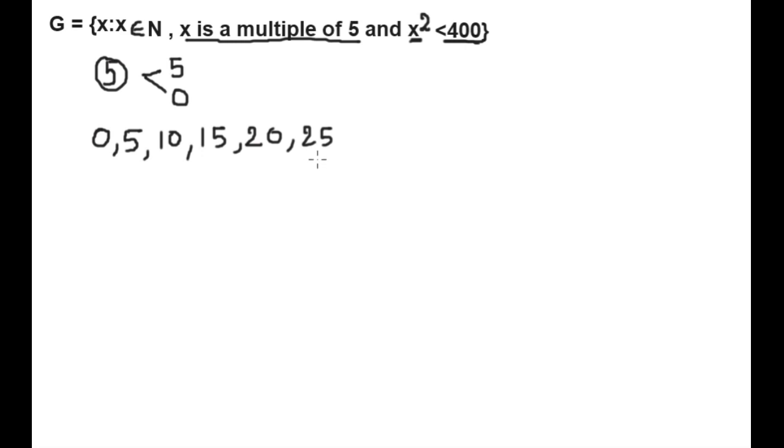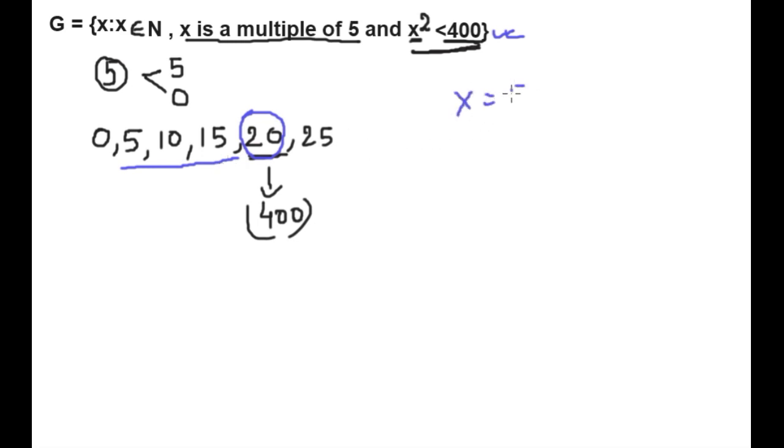We will stop here and we will see square of 20 is 400. And our question is saying x square should be less than 400. So it means it should be less than 20, and it is 5, 10 and 15.